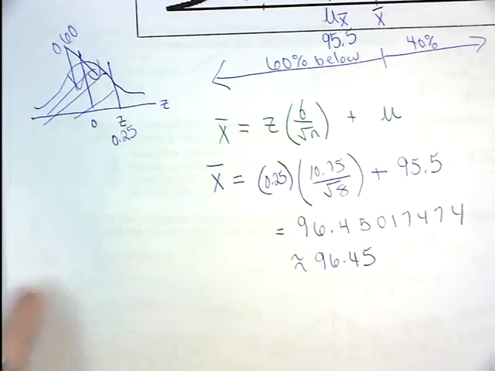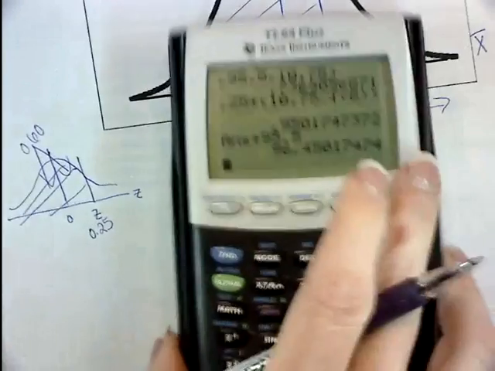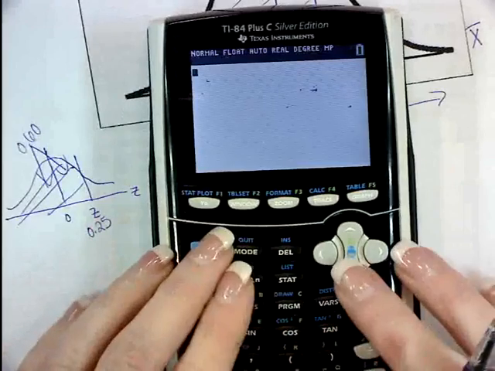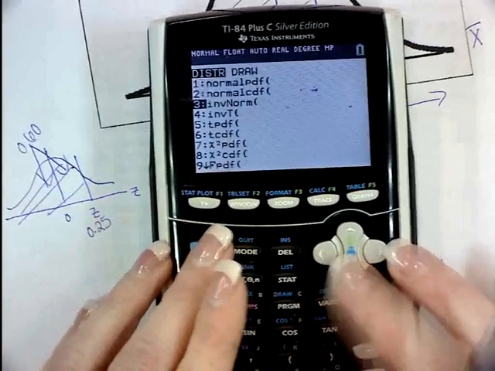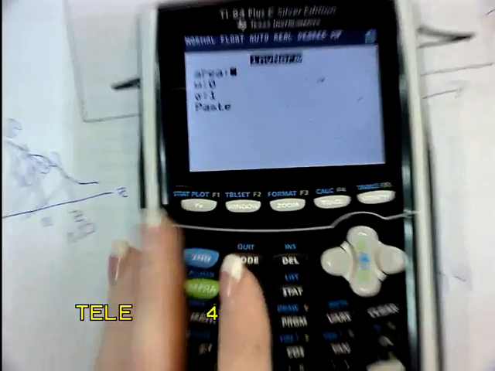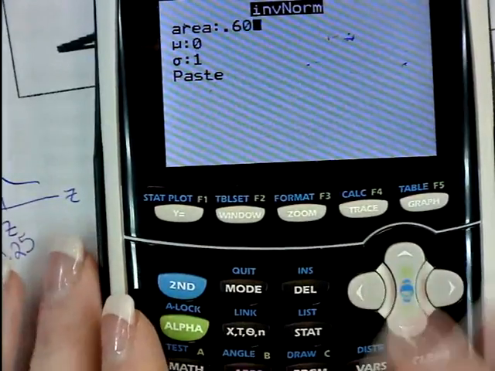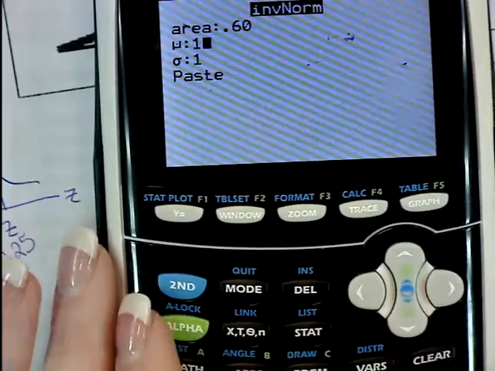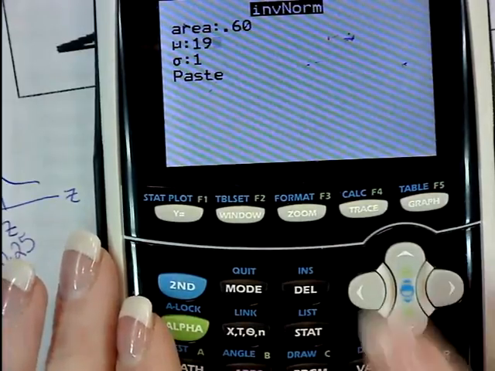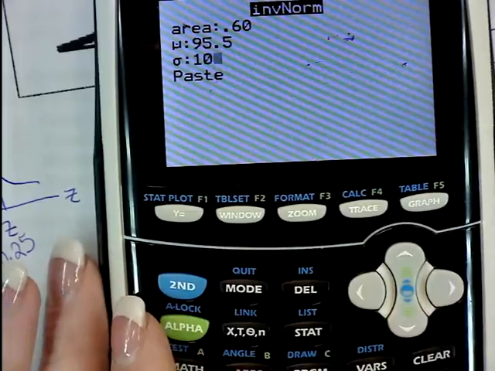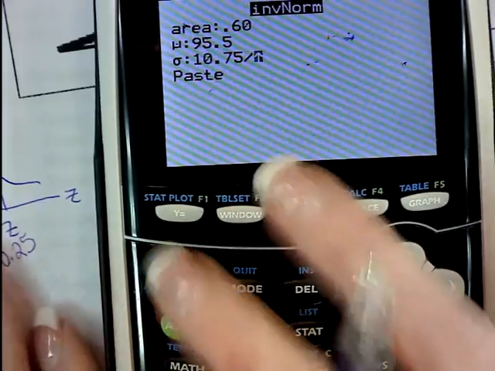Now the calculator is going to do this. Go to invert the norm, because it's a cutoff problem. The area below is 60%, 0.6 or 0.60. The mean is 95.5. The standard error of the mean is 10.75 divided by the square root of 8.